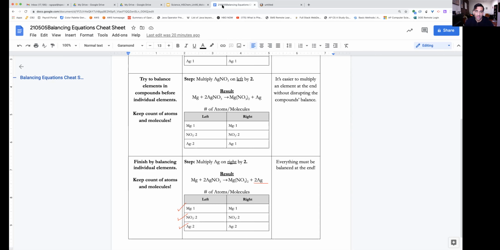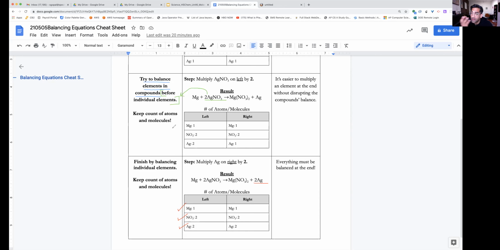And this brings me to my 2-step process here, all right? The first thing that I'm always going to do is I'm going to try to balance elements that are in compounds first. I try to balance those before I balance individual elements, all right? Before individual elements. And that's why I multiplied this whole thing, all right? Because I wanted to deal with a compound before that.